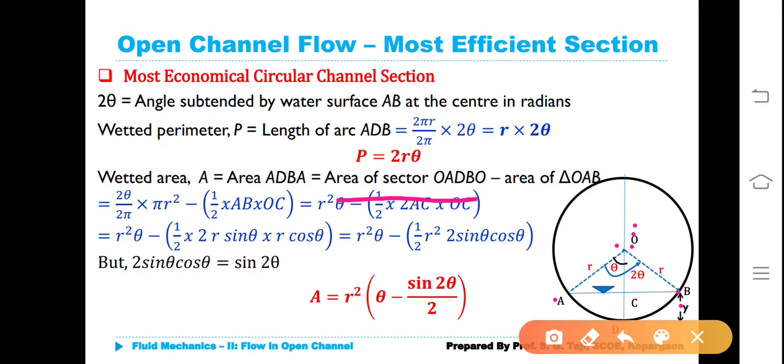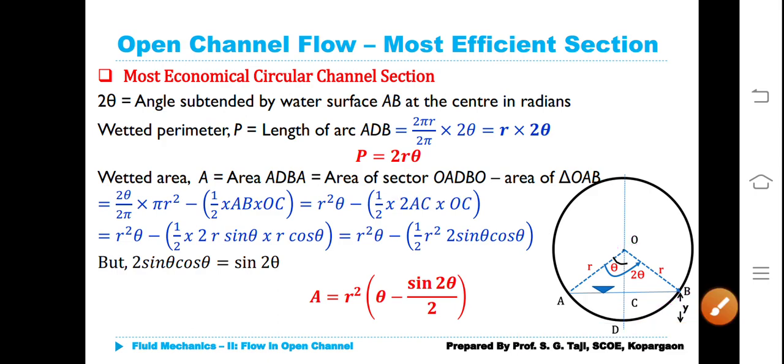OAB is the triangle, so we have to subtract from the OADBO area the area of triangle OAB. Then we will get the area of ADB, that is, the liquid flowing through the circular channel section.